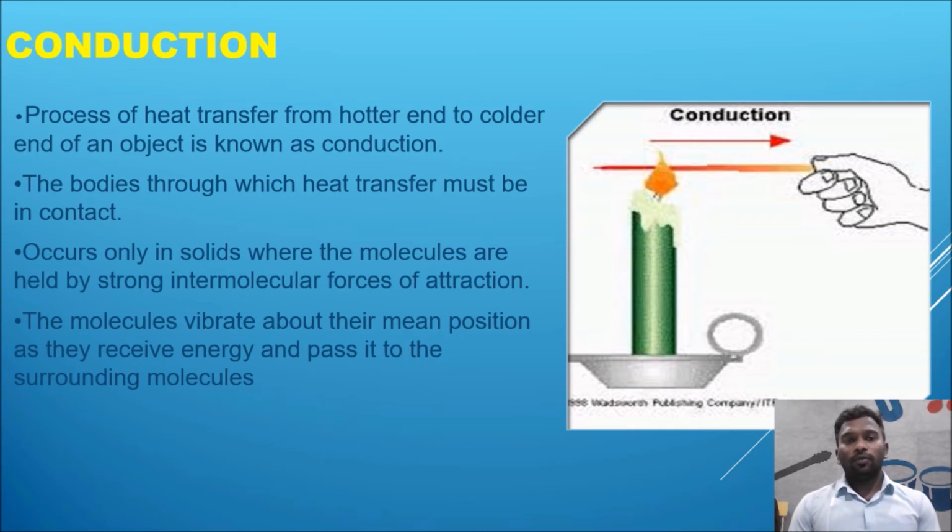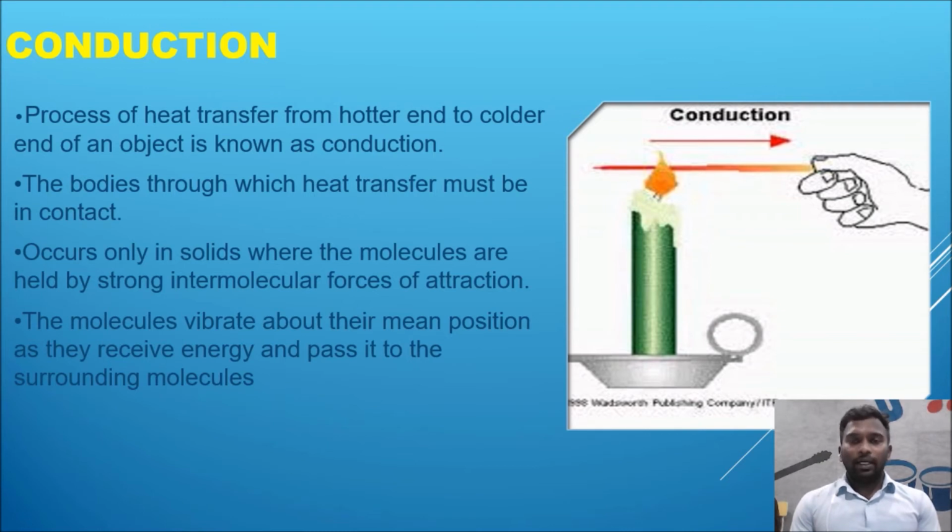One type of process of heat transfer is conduction. We have three types of processes in the transfer of heat: one is conduction, second is convection, and third is radiation. Now we are learning about the conduction process.